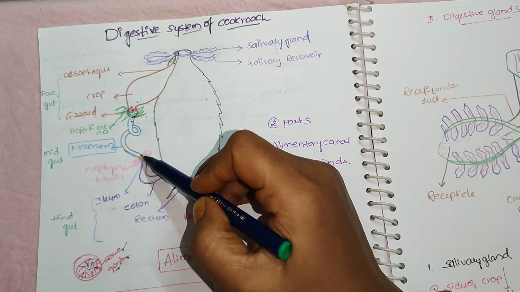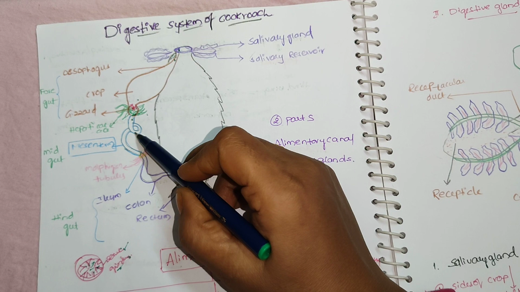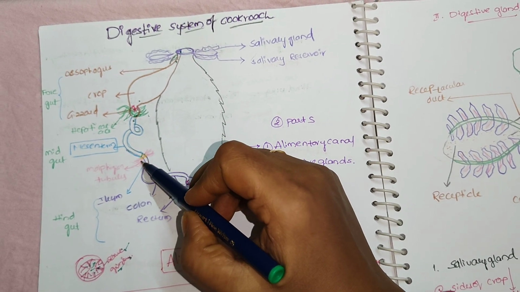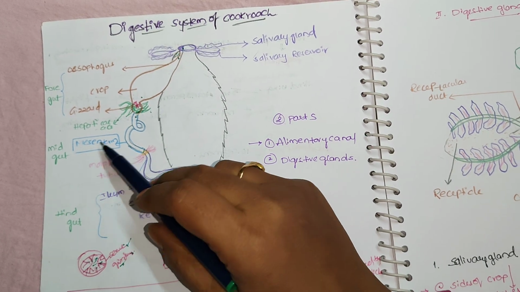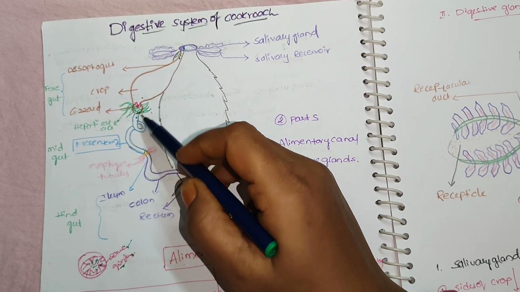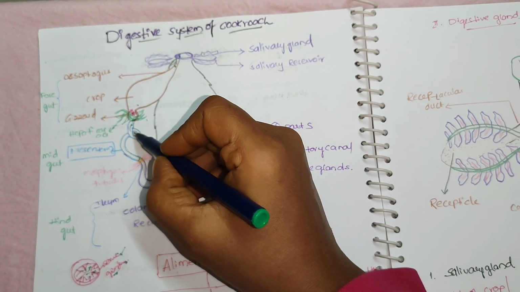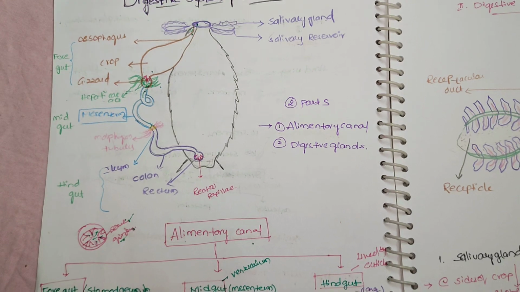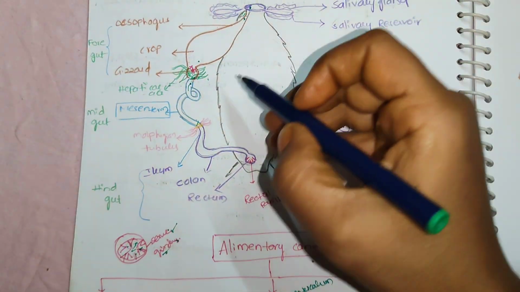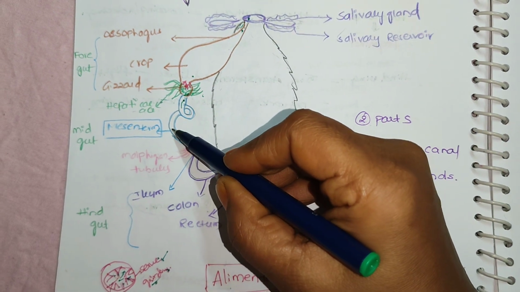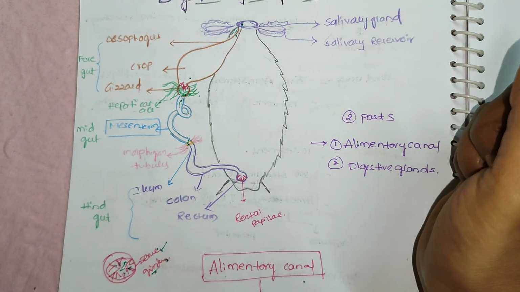Up to here, then comes the mesenteron or midgut. It is a coiled tubular structure, also called mesenteron, midgut or ventriculus. It has a membrane surrounded by the mesenteron, called the peritrophic membrane, for absorption of the food.